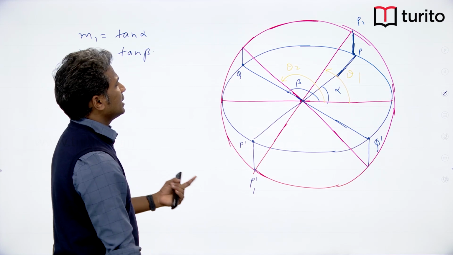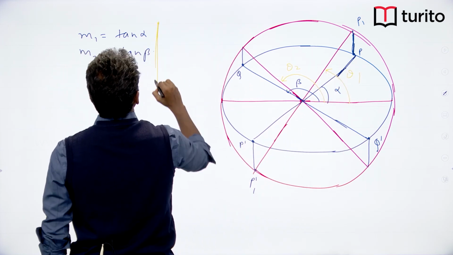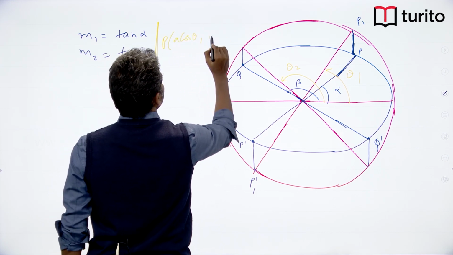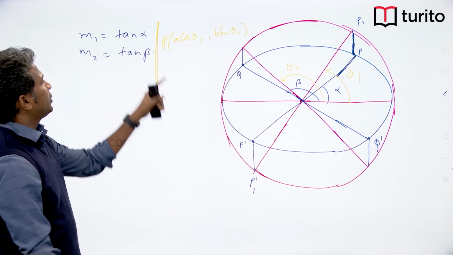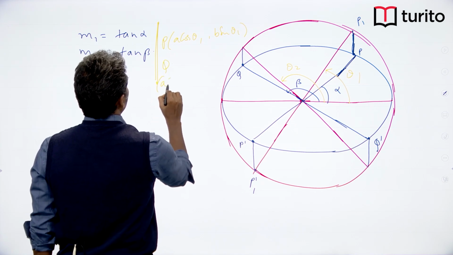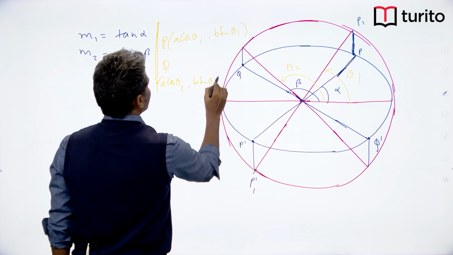So, the point P has coordinates a cos theta 1, comma b sin theta 1. Similarly, point Q has coordinates a cos theta 2, comma b sin theta 2.